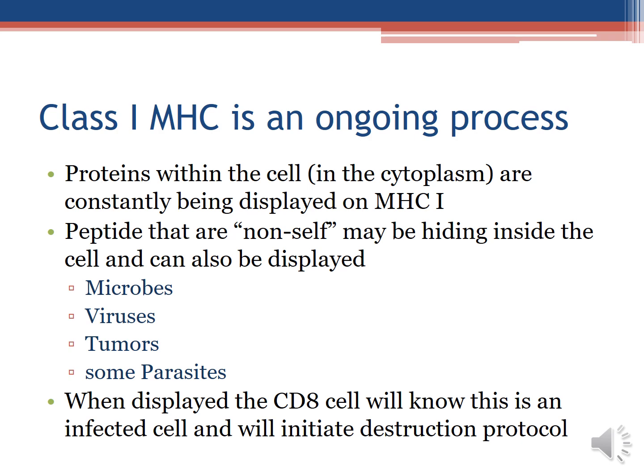And the T cells are looking for non-self antigens or proteins, which can be hiding within the cell, either from viruses, microbes, tumors, even certain parasites can be hiding within our cells.